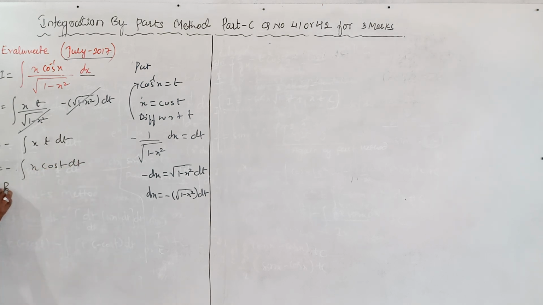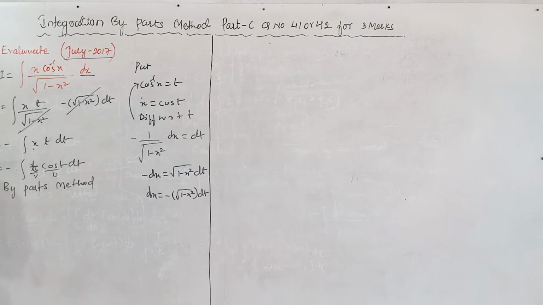Now by parts method, t cos t. x means cos t. By parts method, what should we take as u and v?